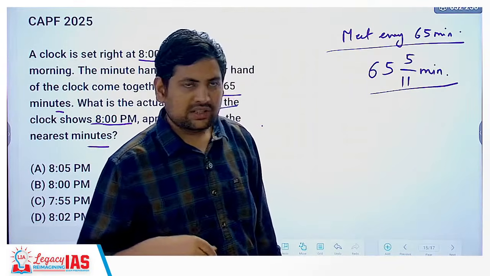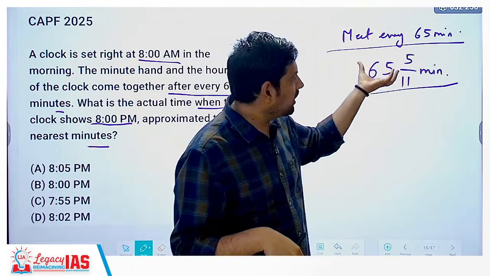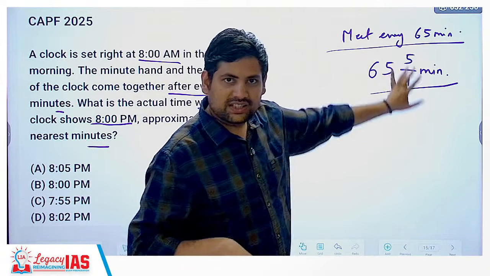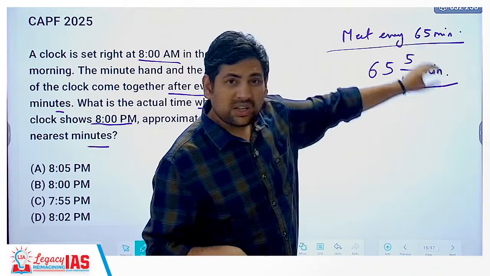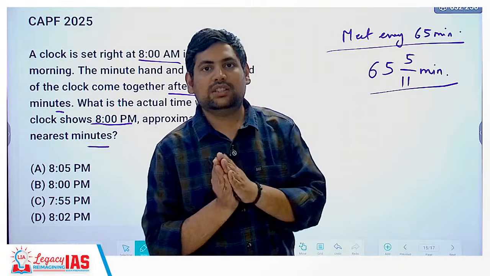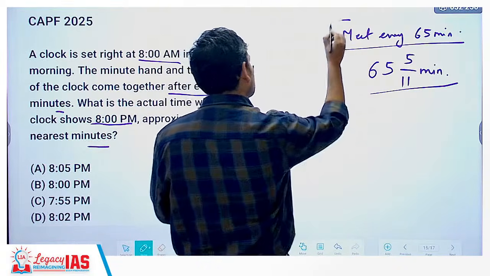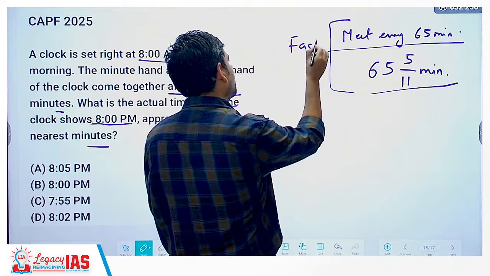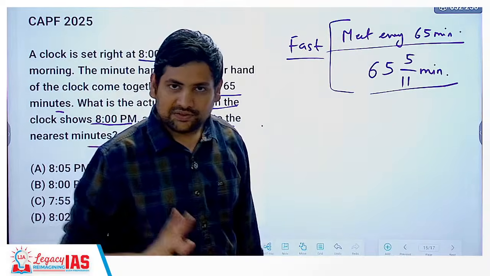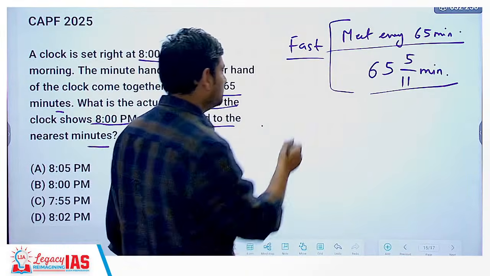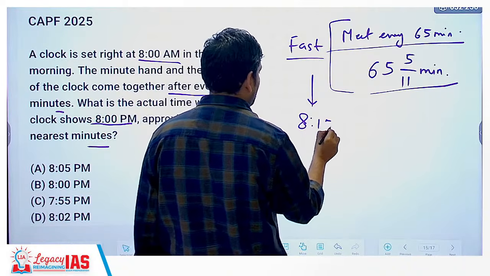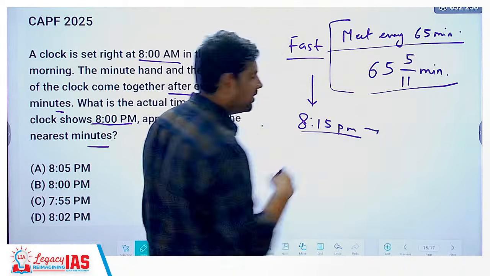That means this clock is moving fast or slow. Ideally it should have met at 65 5/11 minutes, but it is actually meeting earlier, within 65 minutes. That means the clock is fast. If the clock is fast, then whatever time it shows, let's say it is showing 8:15 p.m., what do you think about the actual time?